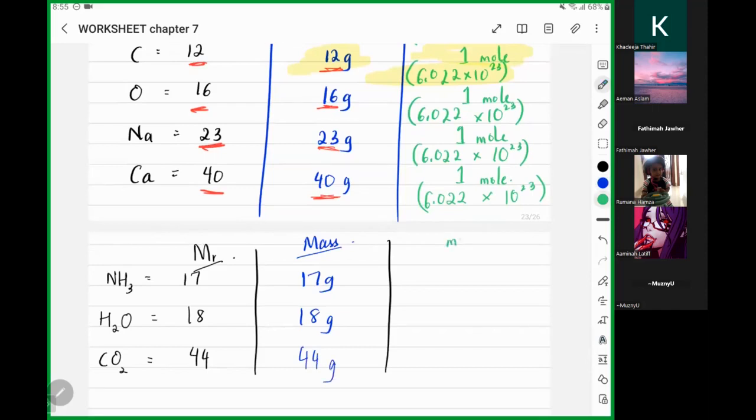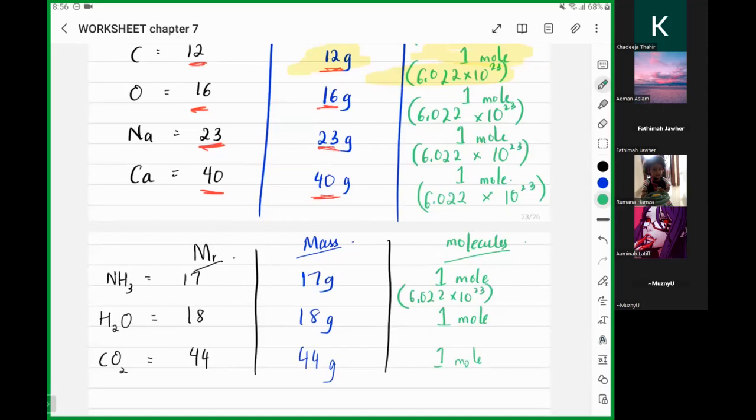Then, again, in his experiments, he found out that if he took the mass in grams equal to the relative molecular mass, it always had 1 mole of molecules this time. That means it had 6.022 into 10 to the power 23 ammonia molecules in 17 grams of ammonia, and so on. So the same discovery he made even for the molecules.